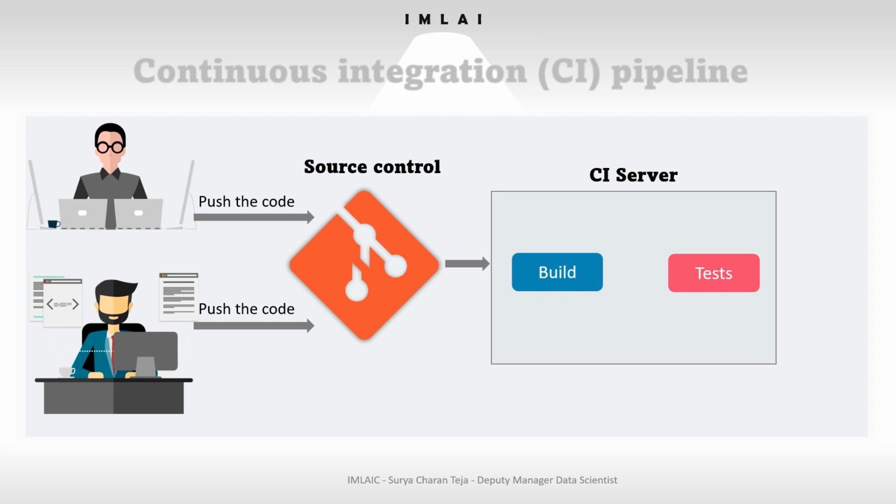The server will retrieve the code and then do the following. The first step is to build the application package: compilation, file transformation, and so on, and then perform unit tests with code coverage. This CI process must be optimized so that it can run fast and developers can have quick feedback on the integration of their code.